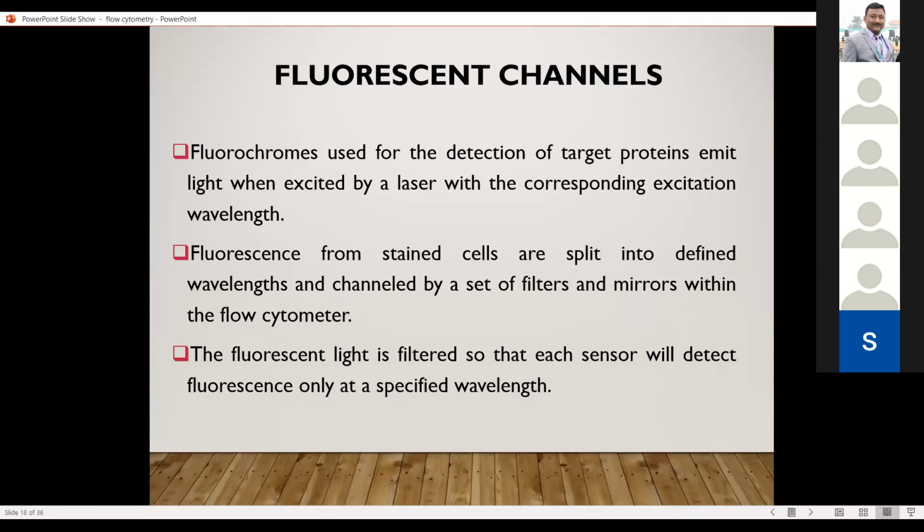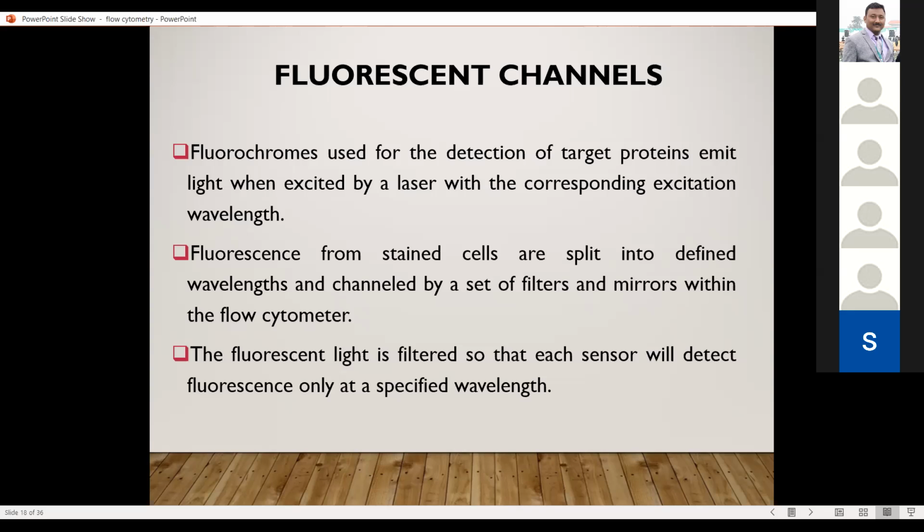Do we know about excitation and emission? Excitation is the wavelength at which the fluorochrome absorbs energy. Absorption of a particular wavelength is an excitation. After absorbing light at a particular wavelength, the fluorochrome starts emitting light at a higher wavelength. Every material has electrons in its shells, which is the basics we all know about: electron shells are outside the nucleus.